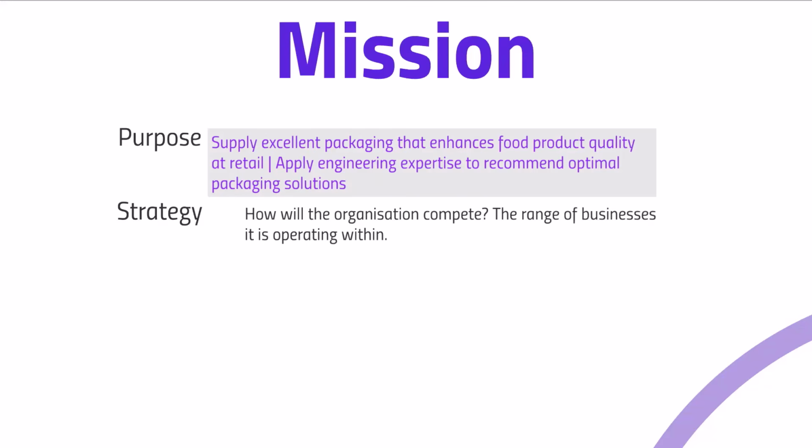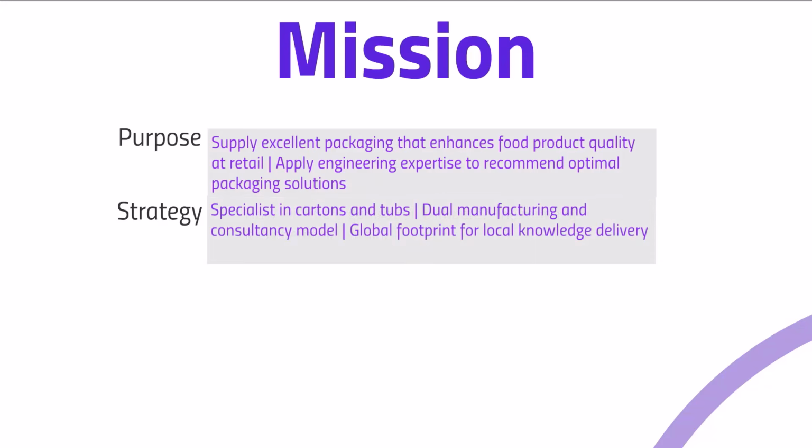Okay, then we come to strategy. Really there are three strategic choices here. Firstly, we've got specialist in cartons and tubs only. There's no cans, no glass, no flexible films. Secondly, we've got dual model, so we've got manufacturing and consultancy under one roof.